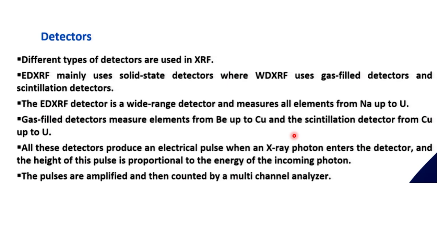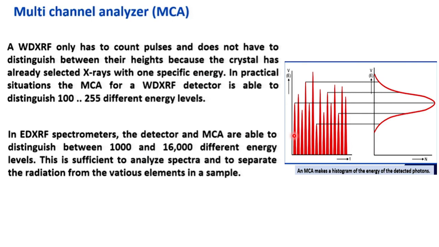All these detectors produce an electrical pulse when an X-ray photon enters the detector, and the height of this pulse is proportional to the energy of the incoming photon. The pulses are amplified and then counted by a multi-channel analyzer. So that is the mechanism of the detector, how it is detecting.